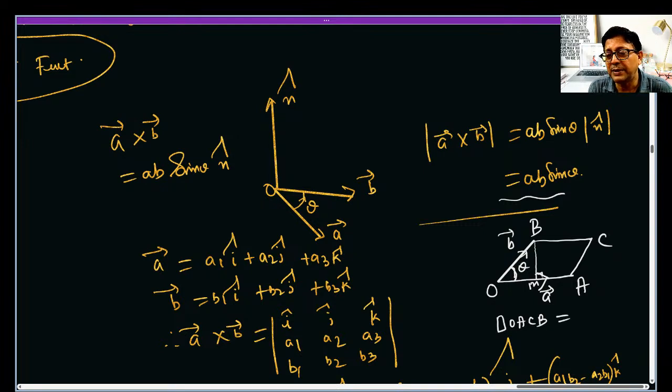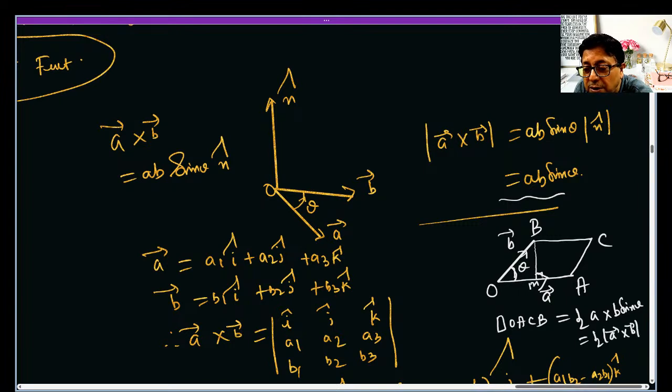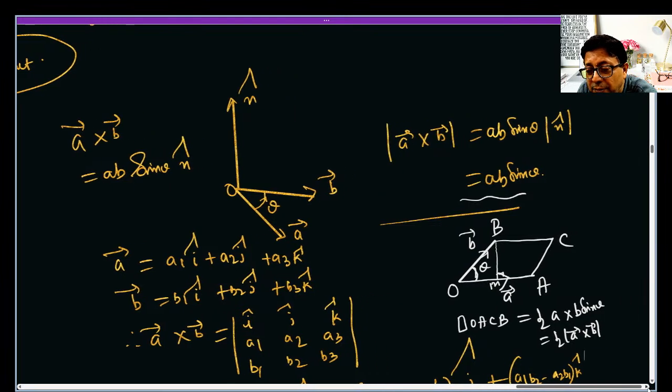Area of OACB will be what? A into BM. BM is B sin theta. Just to have seen that it is mod of A cross B. Remember this concept also. Okay?